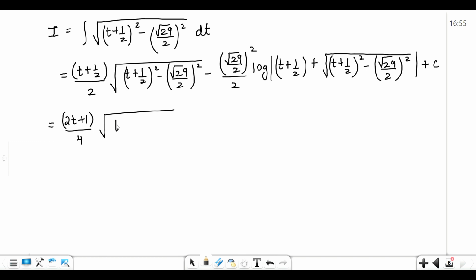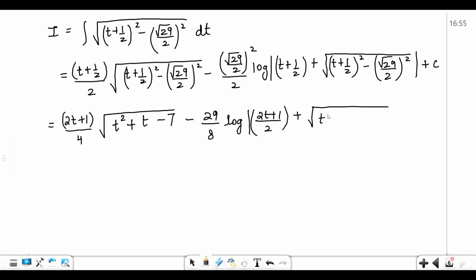Okay, that is t square plus t minus 7, and this will be 29 upon 8 log, this will be 2t plus 1 upon 2, draw the bracket, plus again this term will be same, t square plus t minus 7 plus c.